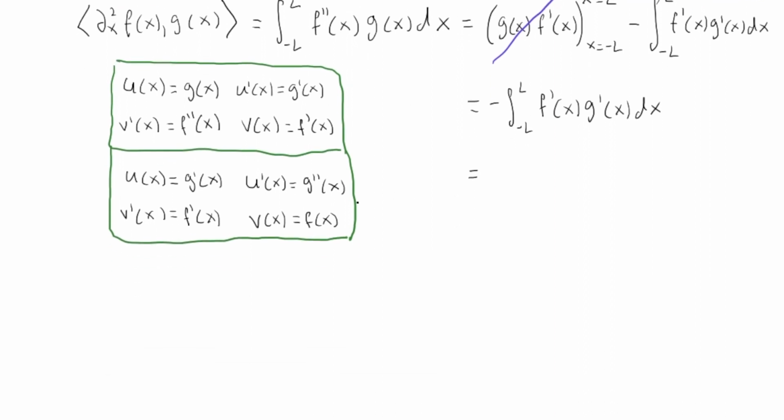That's going to be u times v, so g prime times f of x, evaluated at x equals L, x equals minus L. And then there's a negative sign right here, and so minus this boundary term, and then minus the integral, with this negative sign turning into plus, plus the integral from negative L to L of u prime times v, which is f of x times g prime prime of x.